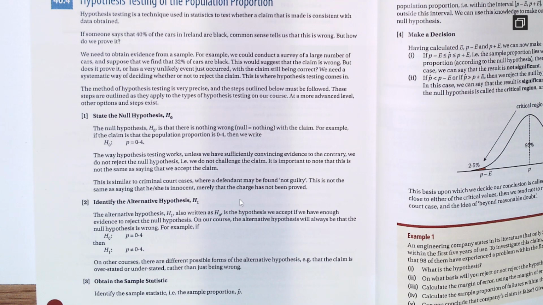But if there was insufficient evidence to suggest that he was guilty, that still doesn't prove that he was innocent. Take OJ Simpson: he was found not guilty, and many people are almost 100% sure he did it, but he got away with it.